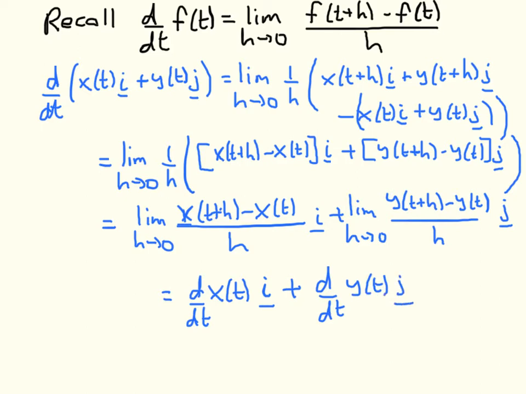And as I said, if we were in 3 dimensions, say, there would be another term to add on, but the basic idea would be exactly the same. So this is the derivative of x of t i plus y of t j.